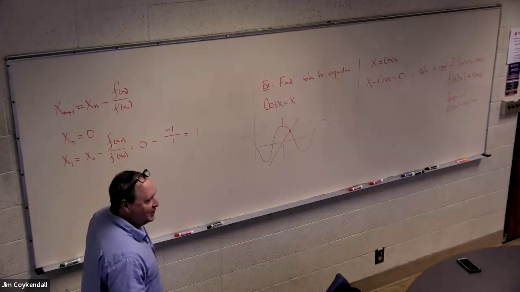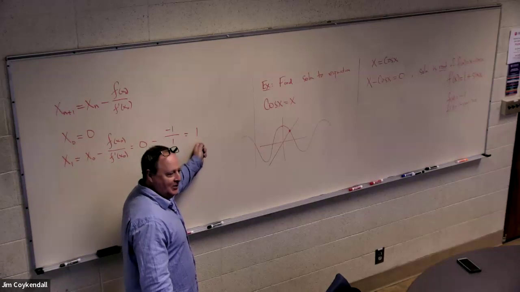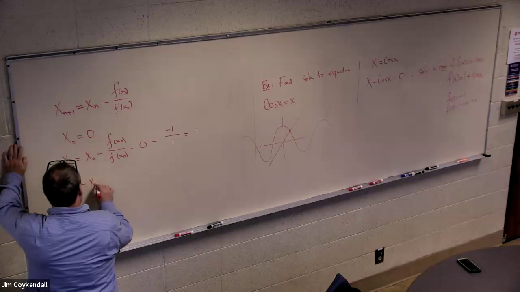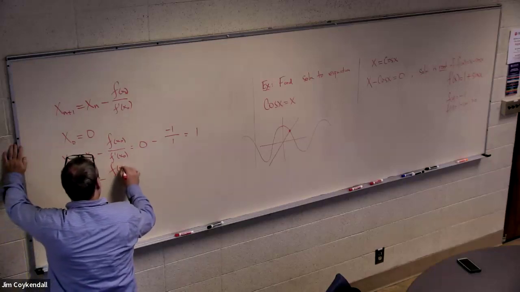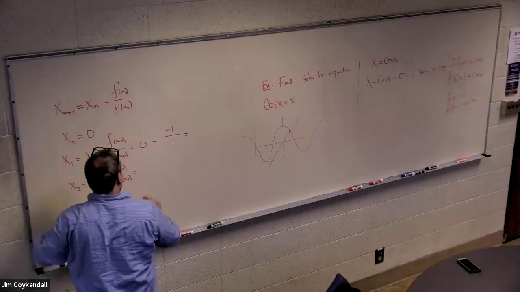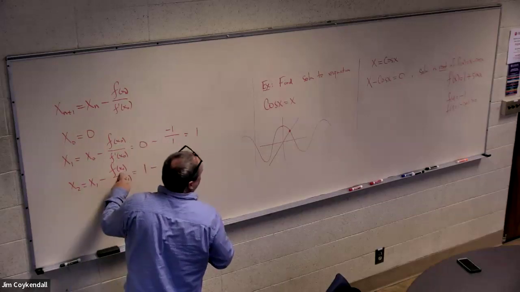So what's my first approximation? Well, my zeroth approximation is 0, so I guess I should start with 1, shouldn't I? Because it just gave me that. So my next approximation is going to be 1 minus f of 1.